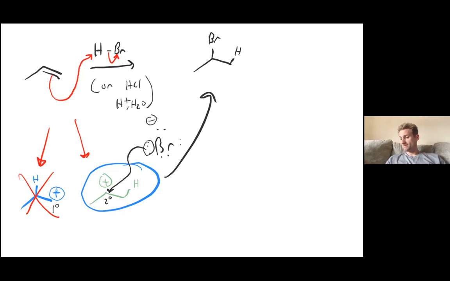When we have more complicated alkenes such as this one, we start to deal with rearrangements. So there's going to be two main types of rearrangements.